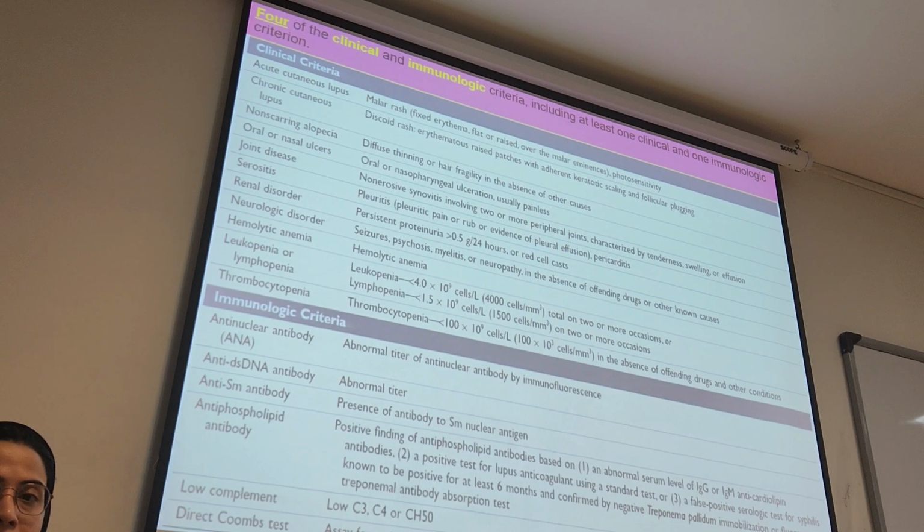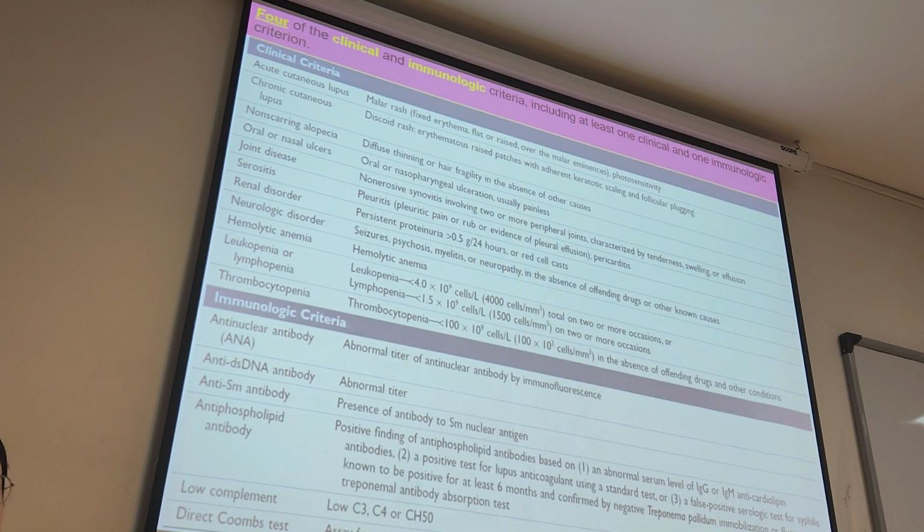And because of presence of immune reaction and activation of complement system, we have reduction in the level of complement factors, for example, C3 or C4, CH50, because of consumption of complement factors. And also because of presence of antibodies, we have positive direct Coombs test.